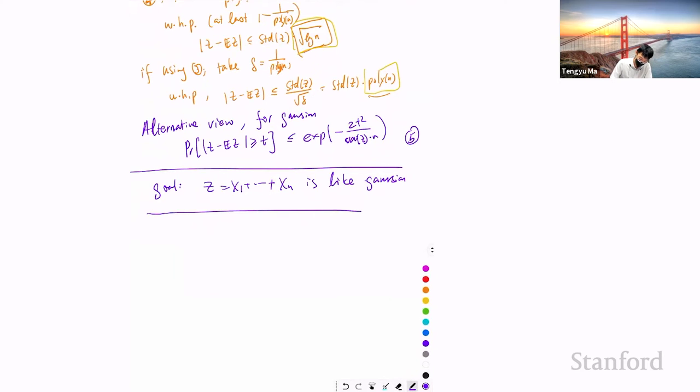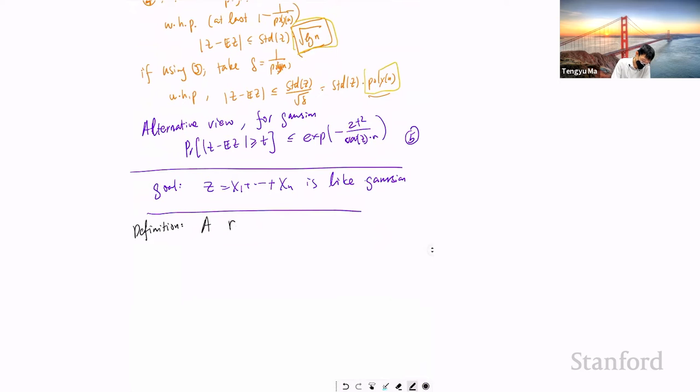To do this formally, let's start with some definitions. Actually, we're going to define what it means to be Gaussian-like to start with.